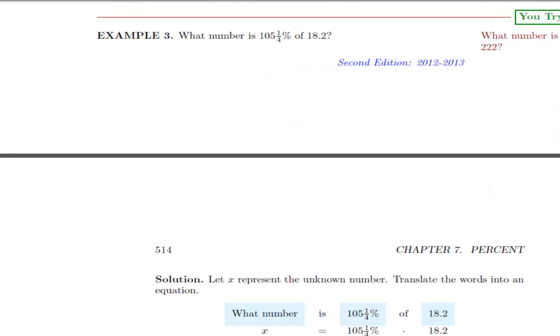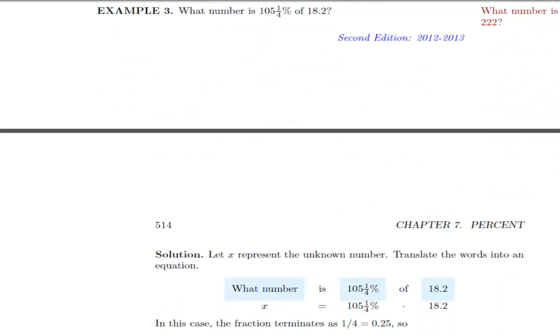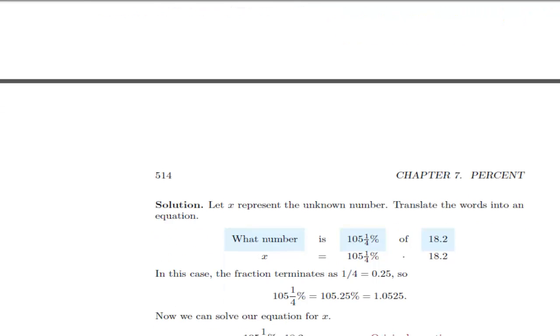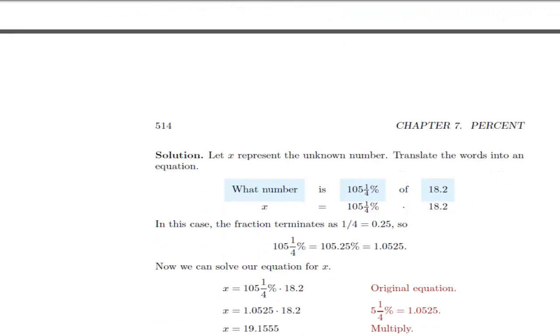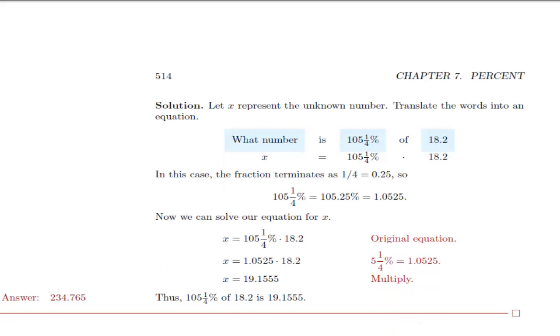Example 3. What number is 105 1/4% of 18.2? Solution. Let x represent the unknown number. Translate the words into an equation. What number x is equal to 105 1/4% of, or times, 18.2? In this case, the fraction terminates as 1 over 4 equals 0.25, so 105 1/4% equals 105.25%, which equals 1.0525 as a decimal.